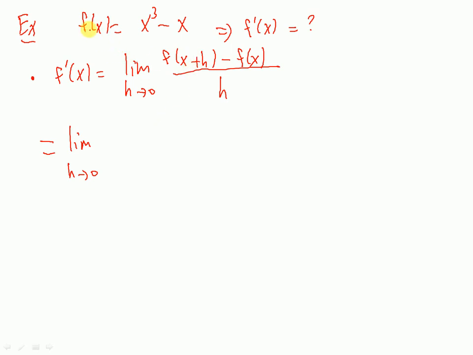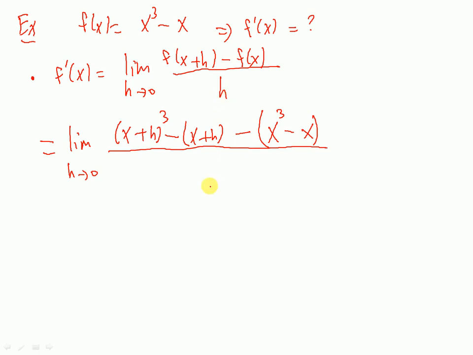So x cubed becomes x plus h, the whole thing, cubed, minus, and then you see x again, grab the whole thing and plug that in. Then subtract f of x, which is the same as the given function, so we don't have to change anything. Grab the whole thing, bring it down, and then over h.